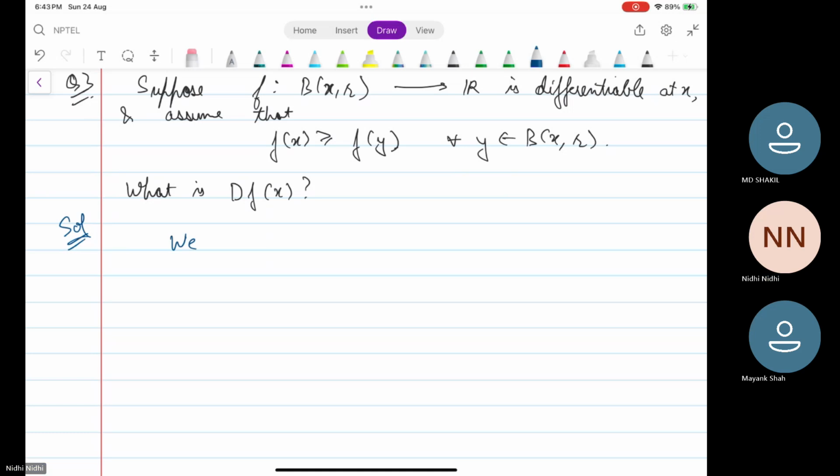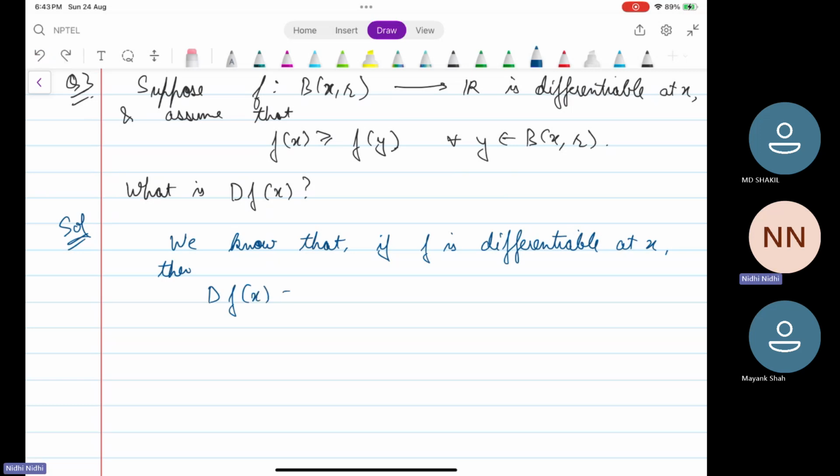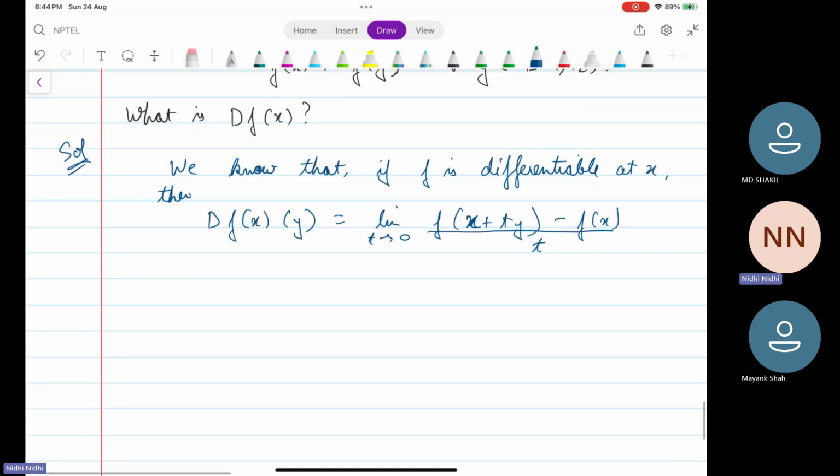We know that if f is differentiable at x, then the derivative is again a linear map, and at any point y it is given by the limit as t tends to 0 of (f(x + ty) - f(x)) / t. Now we need to prove that this is equal to 0.